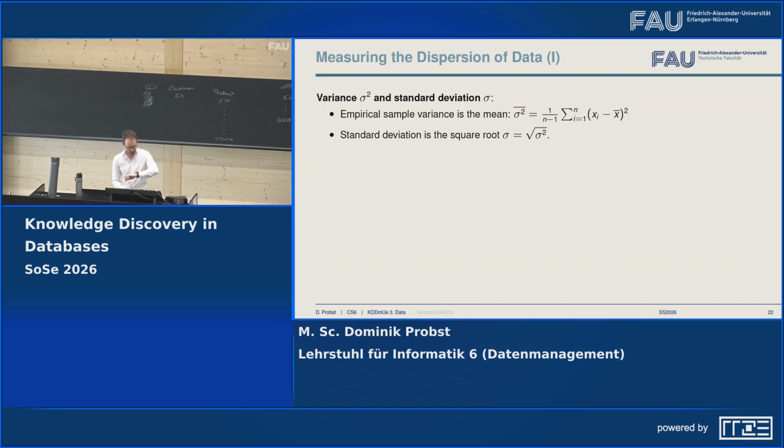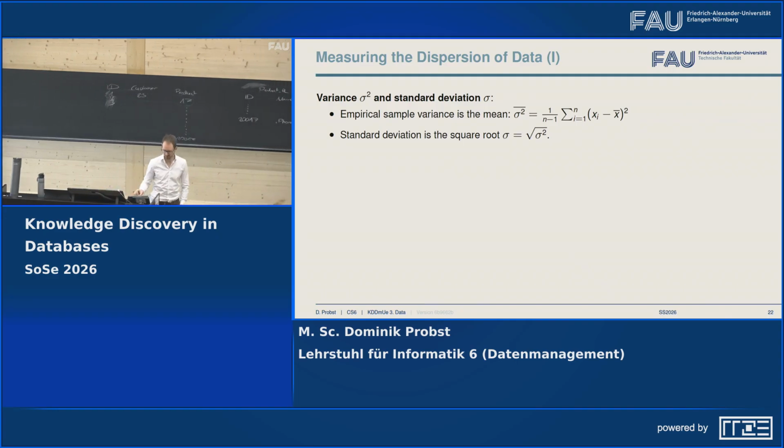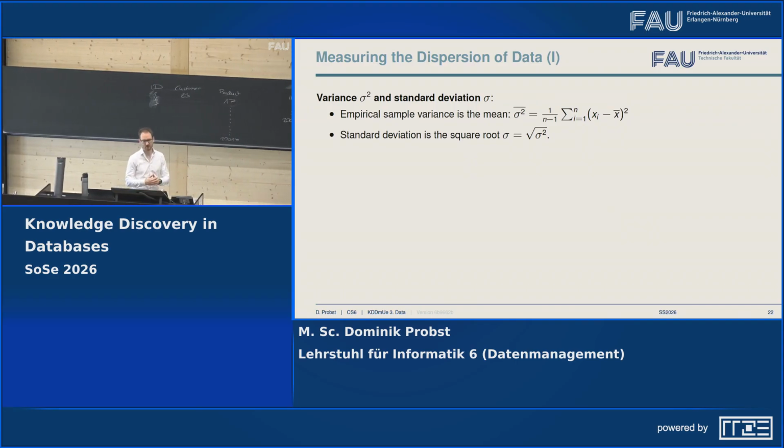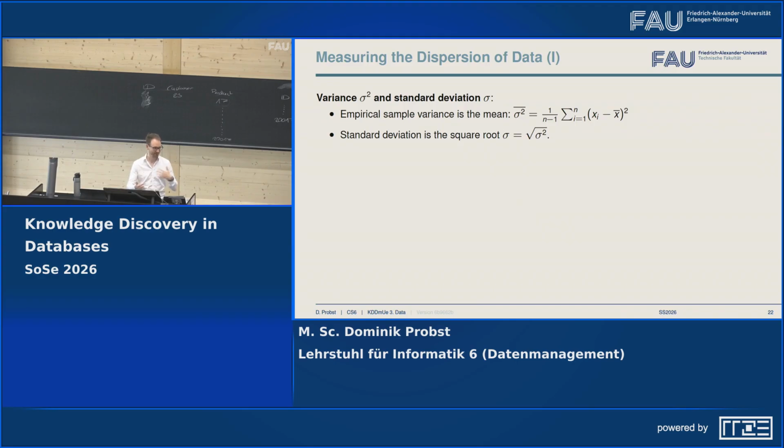One thing we did not talk about yet, but should be known to most of you as well, are the variance and the standard deviation. The variance is about measuring how much most values differ from the mean. That's a rough description of these things.